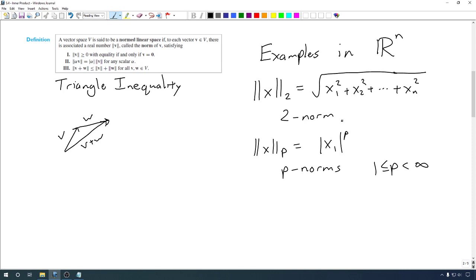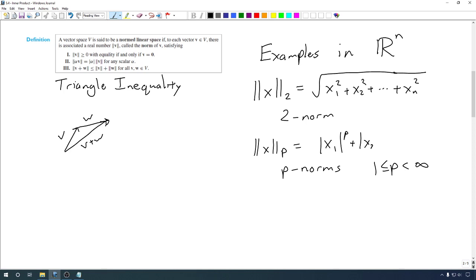Or, well, sorry. What I'm trying to say is we want to make sure we're not putting any negative numbers into our pth power, because if we're dealing with square roots, that's not going to be very helpful. We're going to be getting complex numbers there. So we'll take x1, make it positive, and take it to the pth power.